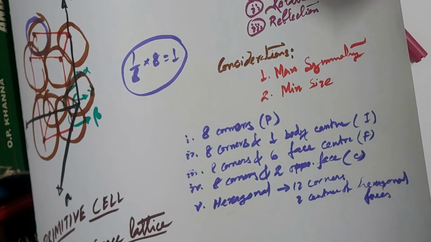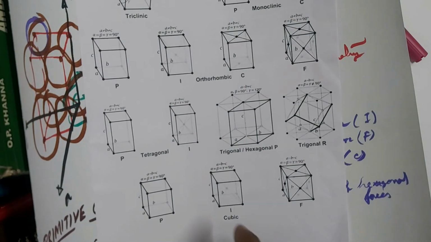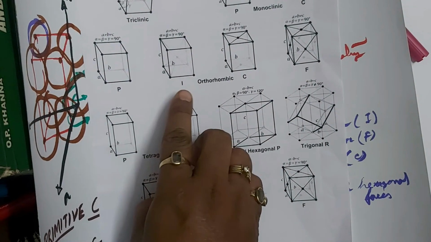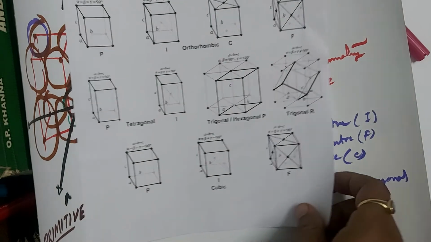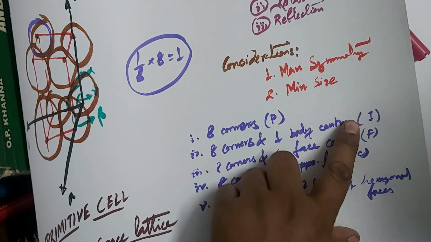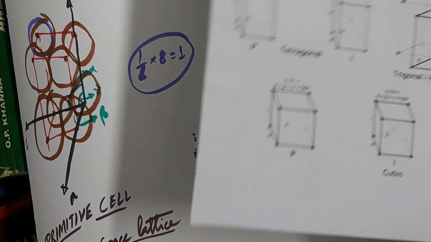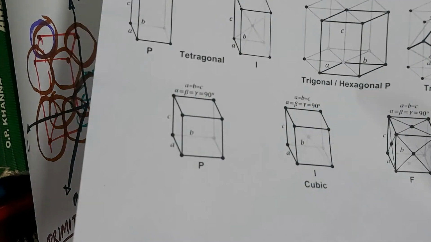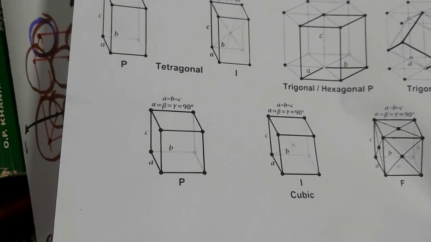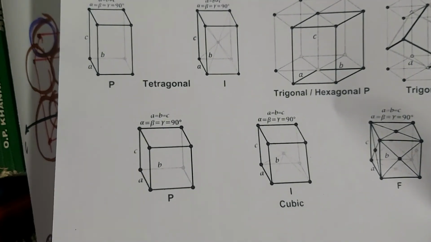So you can find over here P, I, C, and F. These are the meanings of PICF. P is a primitive cell which has 8 atoms in 8 different corners.